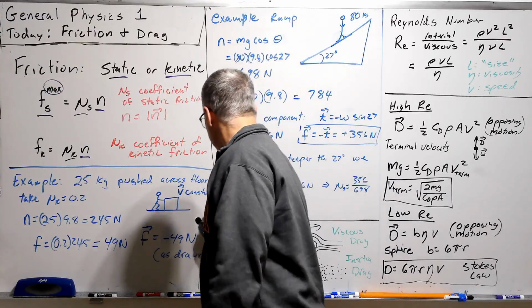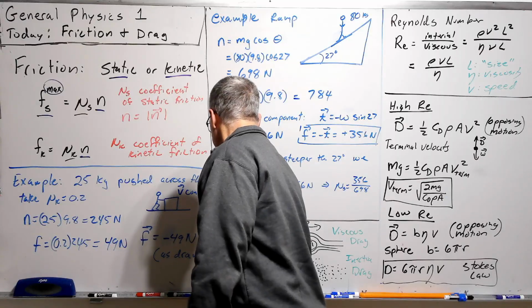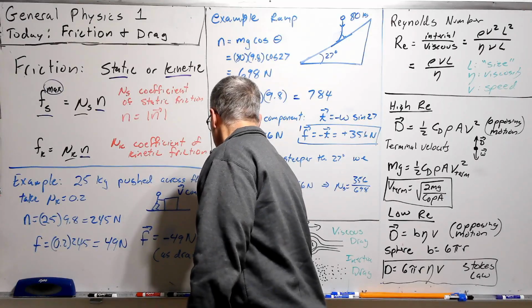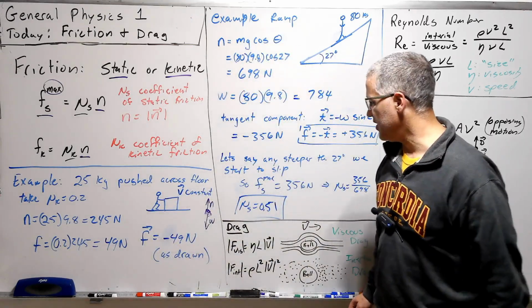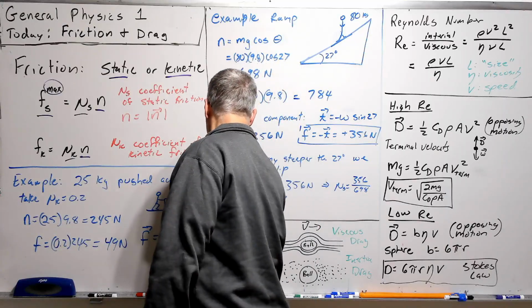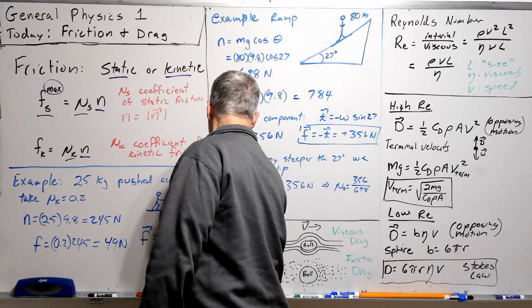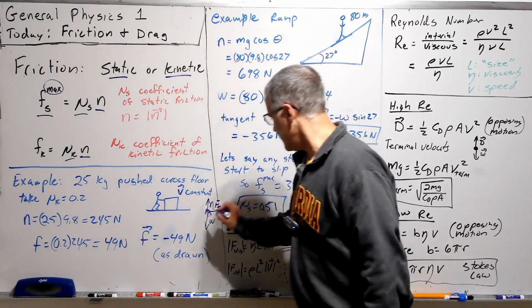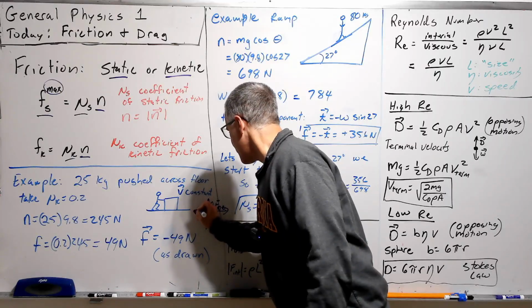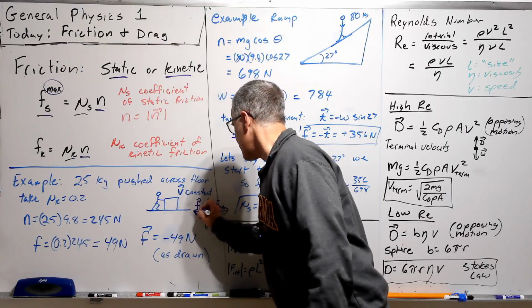So if we draw the free body diagram for this, there is a normal force and a weight force, and those two are going to exactly cancel each other. And then I'm trying to push this way, so I'm applying a force, and then this is going to be a frictional force opposing that motion. This is going to be a kinetic friction.